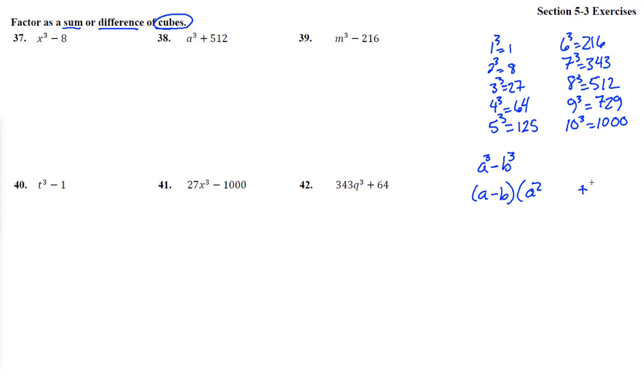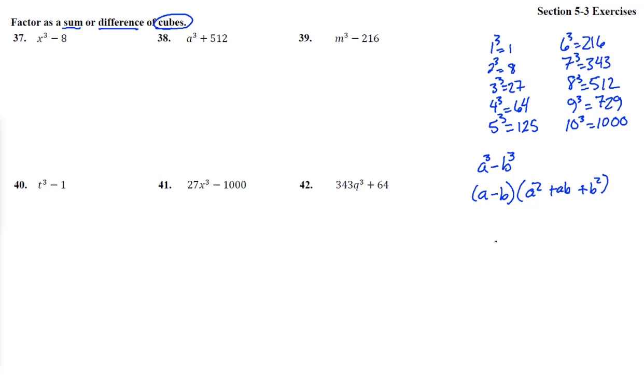And then you're going to have a plus b squared over here in the end. B times b squared gives you b cubed. So that takes care of that. And then the middle term that allows for all the cancellation of all the middle terms when multiplying and distributing is this times this, opposite sign, plus ab. So the first times the last, opposite sign.